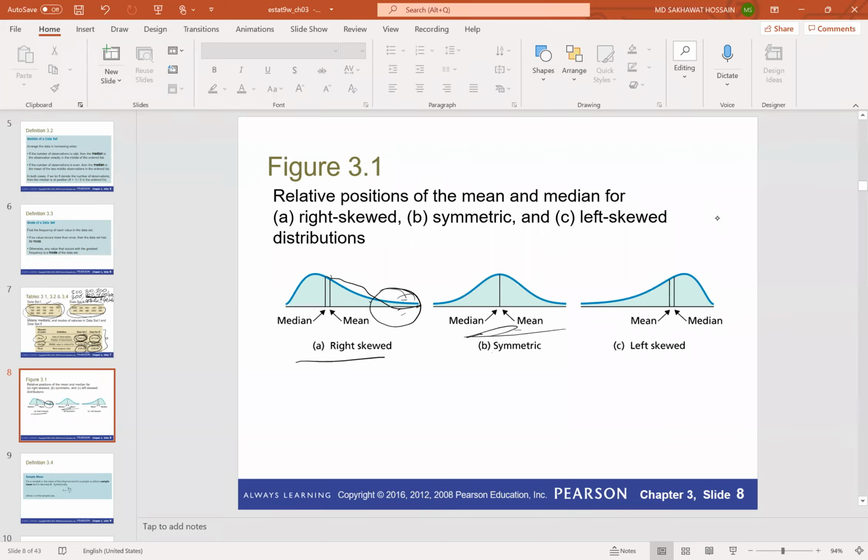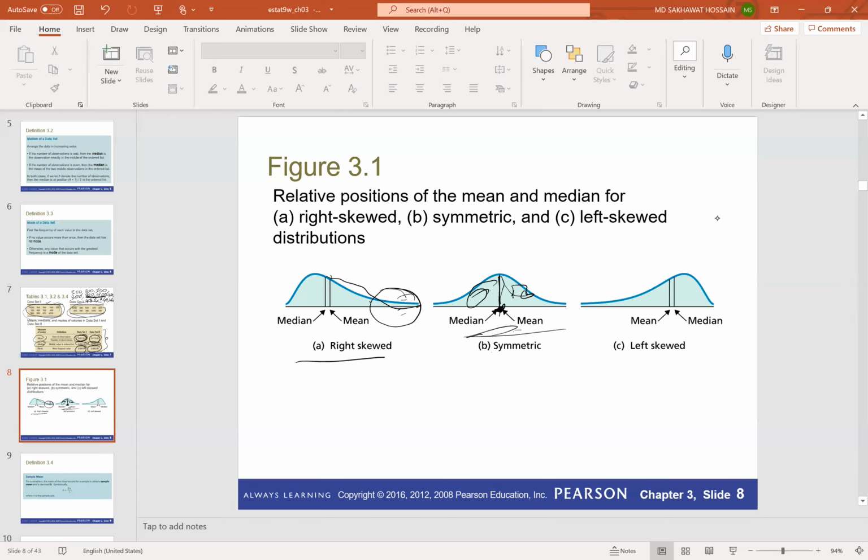So for symmetric data, the mean and median are the same. But for skewed data, the total weights on the right side and the left side are not the same. And it's also the same for left skewed.